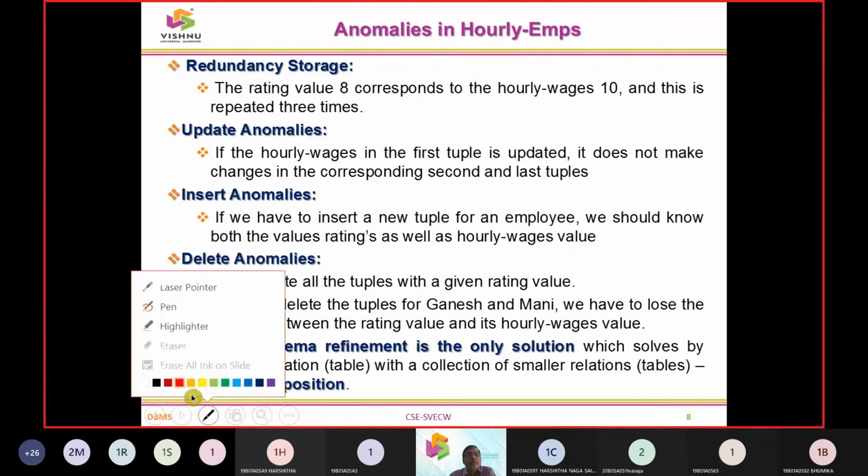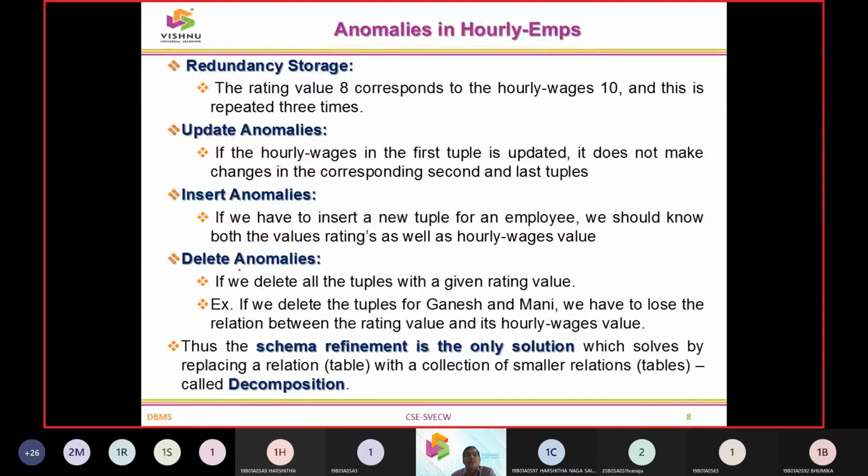Next comes the delete anomaly. Next comes the word called delete anomaly. If we delete all the tuples with a given rating value, that is, if we delete the tuples for Ganesh and money, we may lose the relationship between rating and hourly wages.